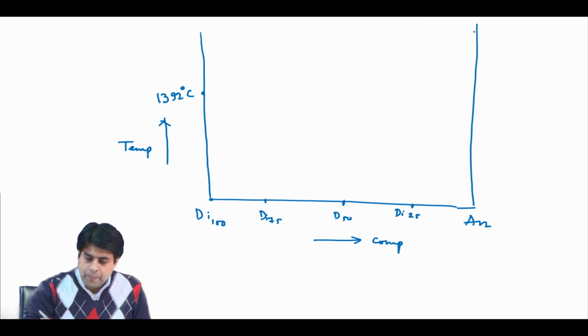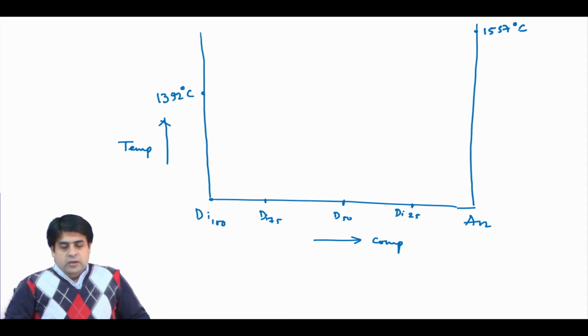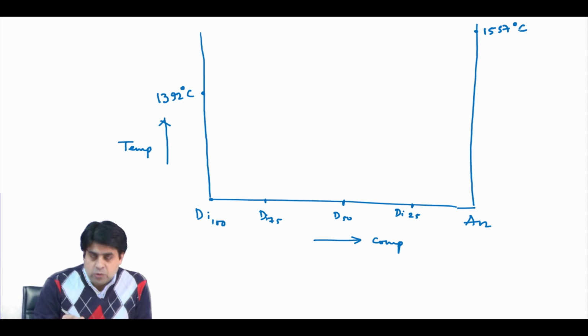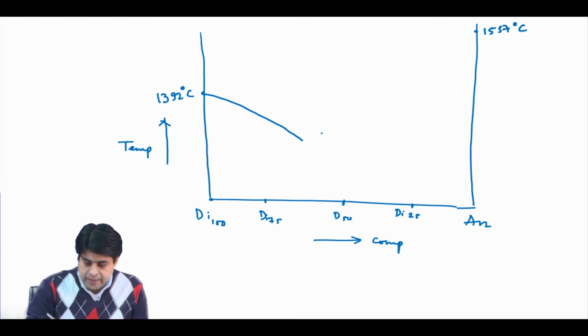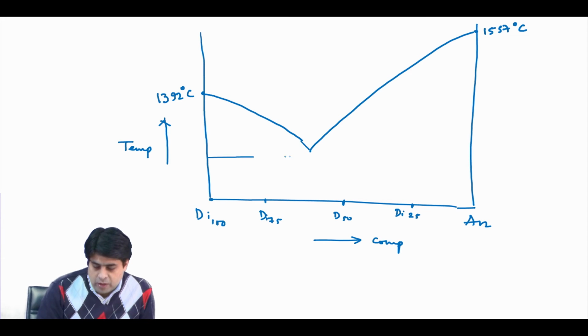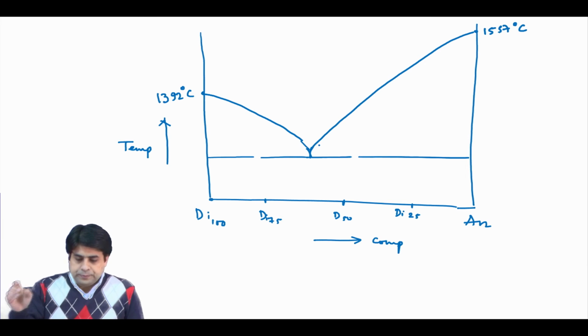Pure anorthite melts at 1557 degrees C. So, when you mix diopside and anorthite at any proportion, because of the cryoscopic equation, the melting temperature of the phase will decrease, and your graph will look something like this.